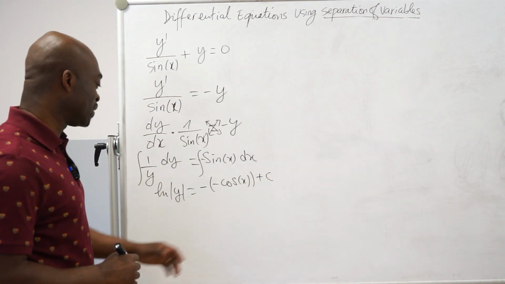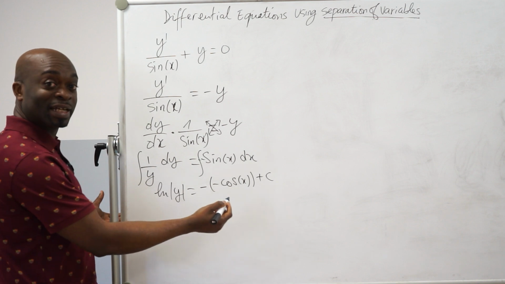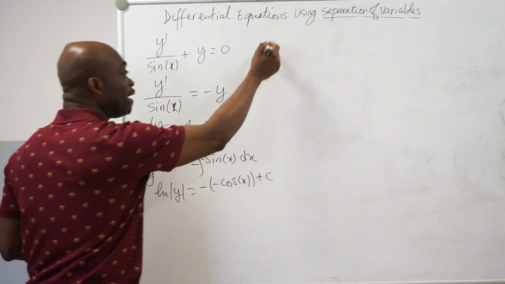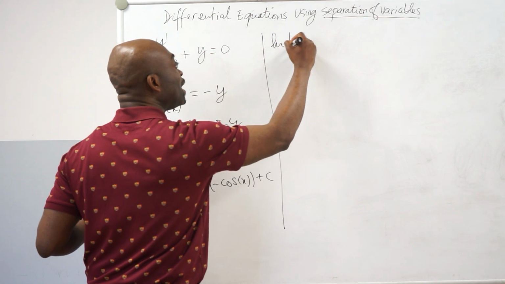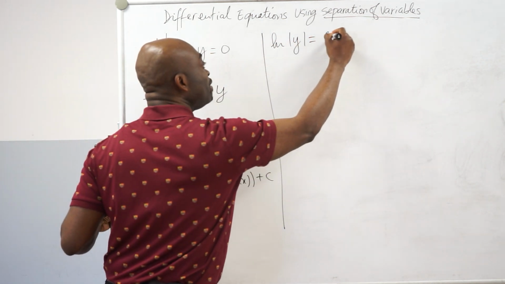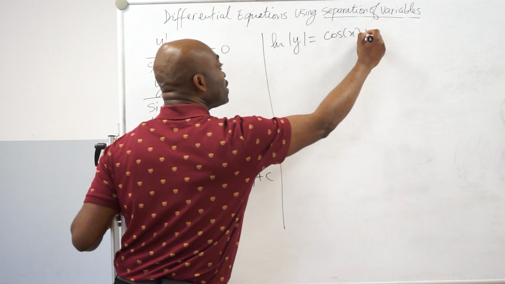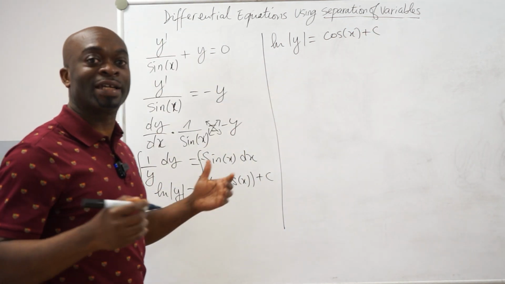The negative will give us a positive. So that gives us ln of absolute value of y equals positive cosine of x plus c. And then we're solving for y, so we got to get rid of the ln.